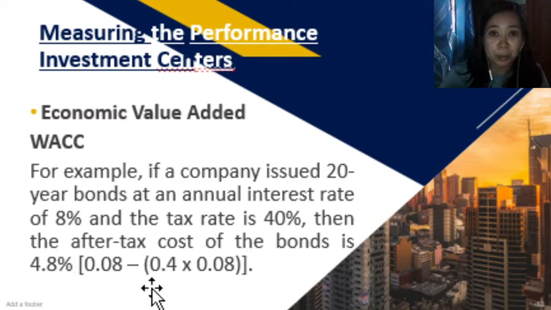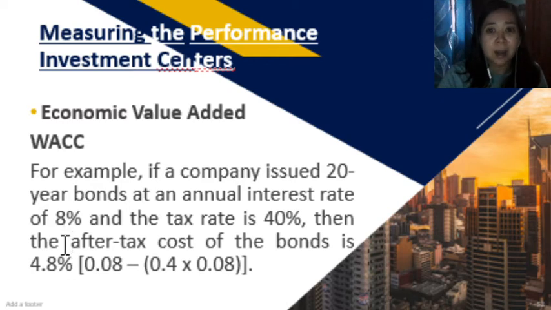To solve for the weighted average cost of capital, all we have to do is adjust this 8% with the tax deductibility of our interest expense. So here the cost of your bonds is 4.8% instead of 8%.